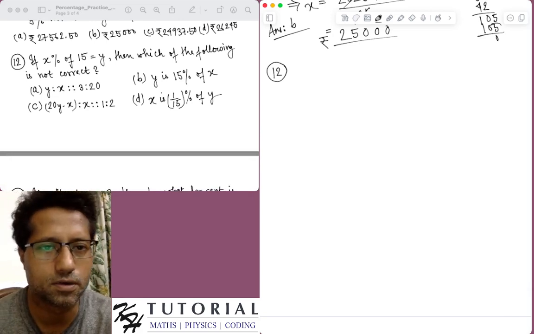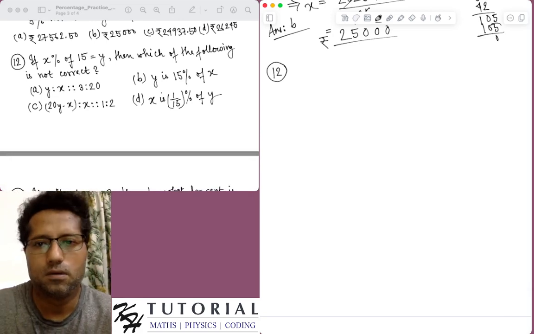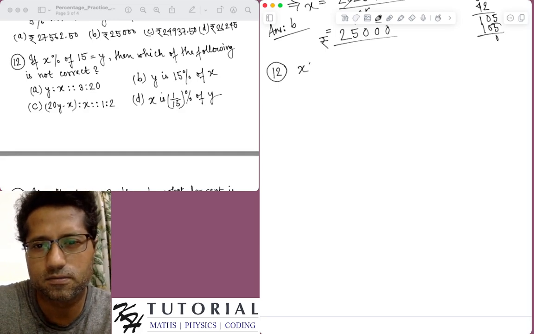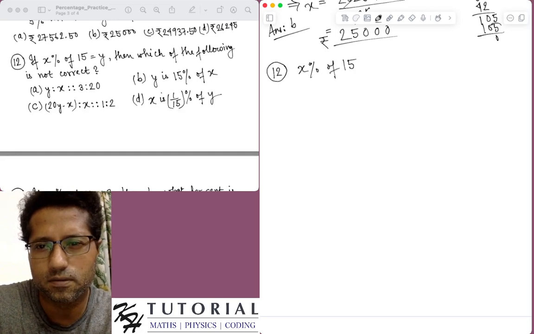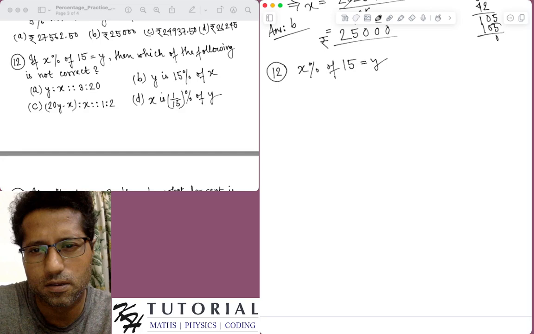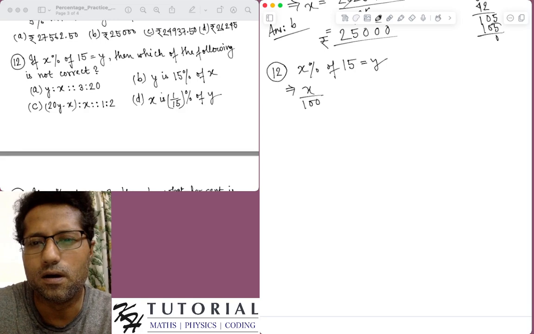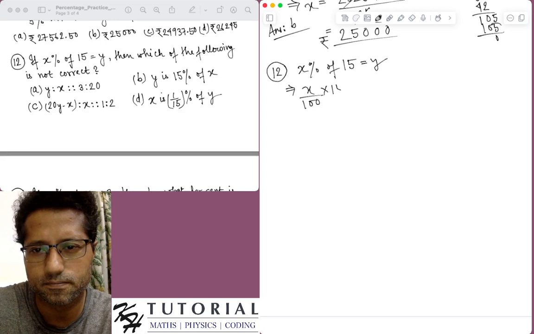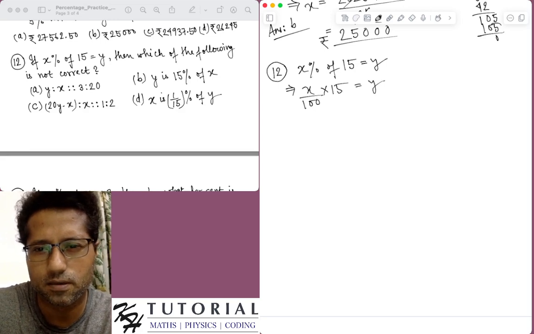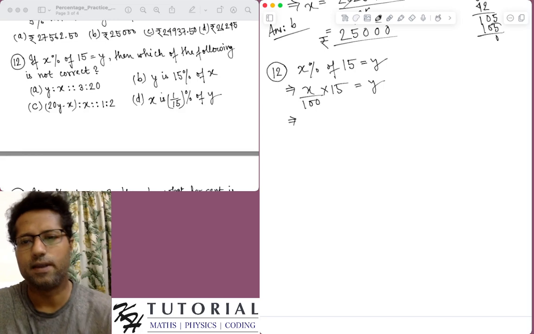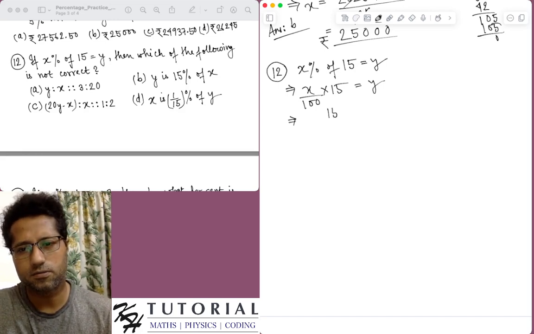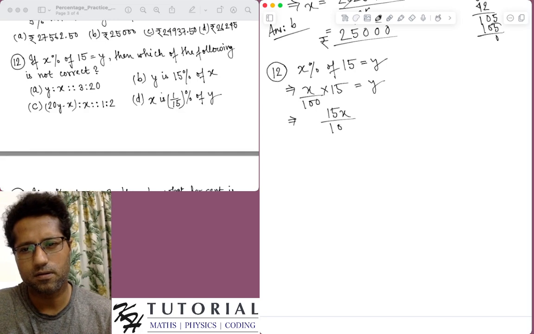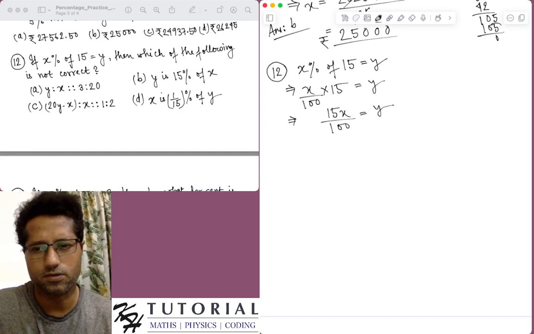It is given that X% of 15 equals Y. So this implies that X% of 15 means X by 100 into 15, which is given to be Y. Now this implies that 15X by 100 equals Y.